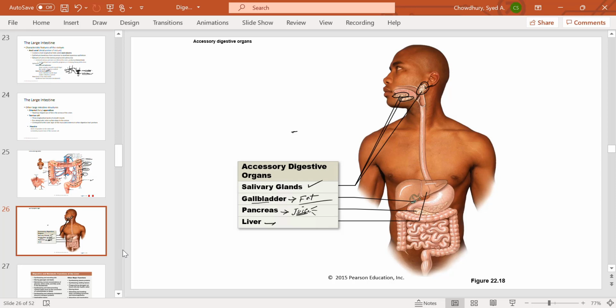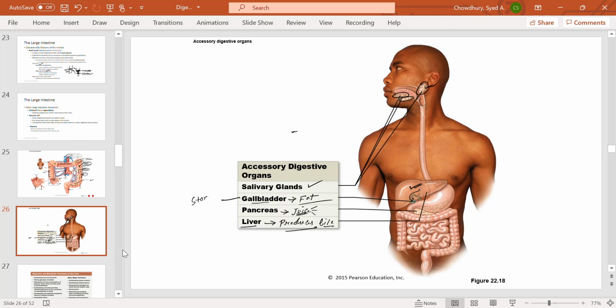And the liver is the organ that produces bile. Remember, the liver produces and secretes bile, and the gallbladder stores bile. So two different things, right? The liver produces and secretes bile, and that bile will enter into the gallbladder and will be stored there.